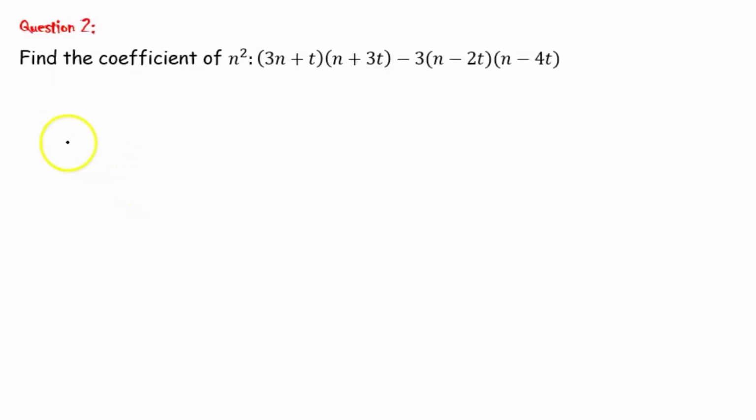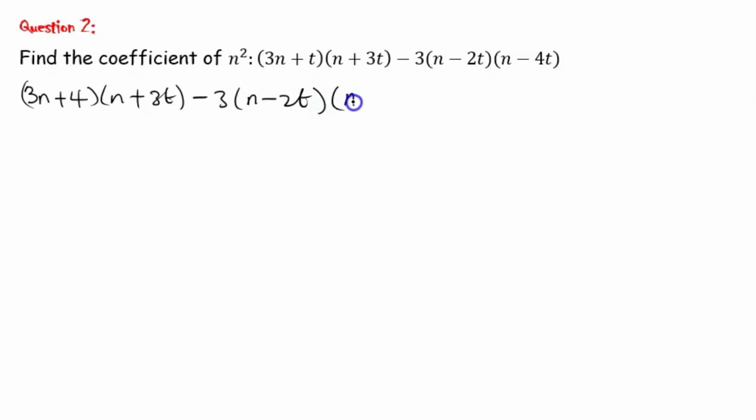The first thing to do is to open the brackets. So we have (3n + 4)(n + 3t) minus 3 into (n - 2t)(n - 4t). What do we do?